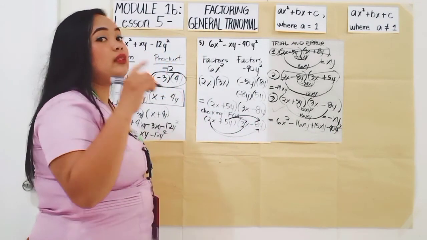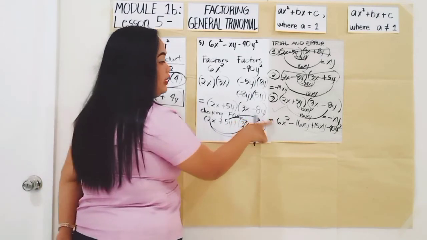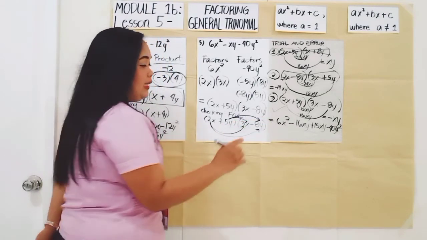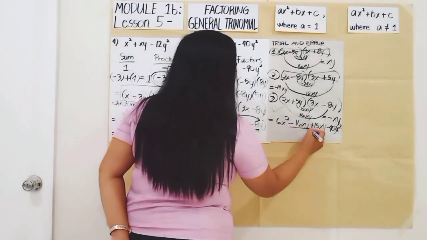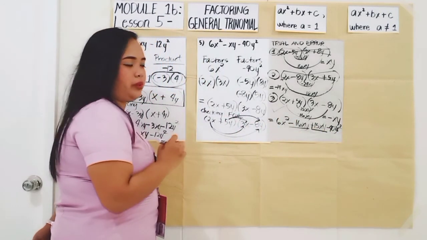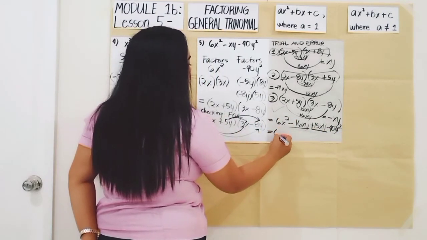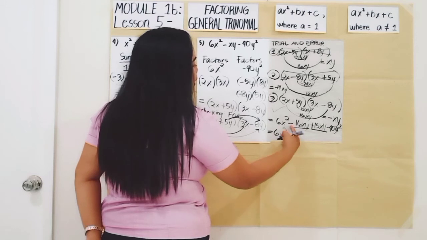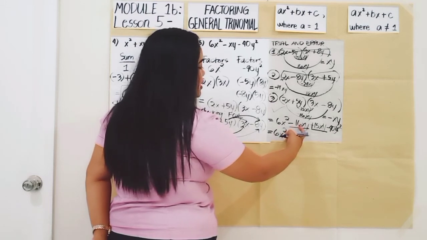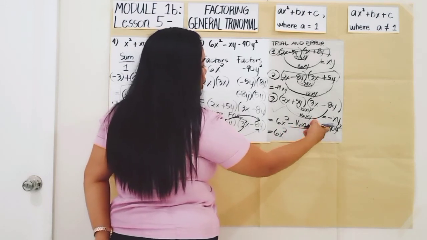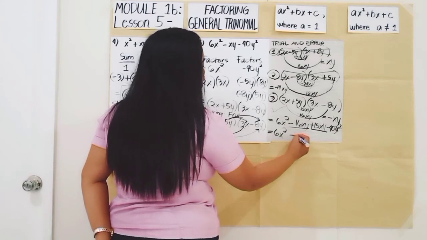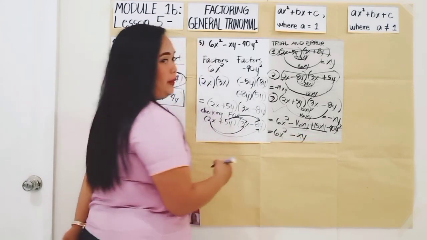Okay? Now, it is not yet our final product. You combine similar terms, which are these two terms. Okay? So, you bring down 6x squared. And then, what is negative 16xy plus 15xy? That is negative xy.